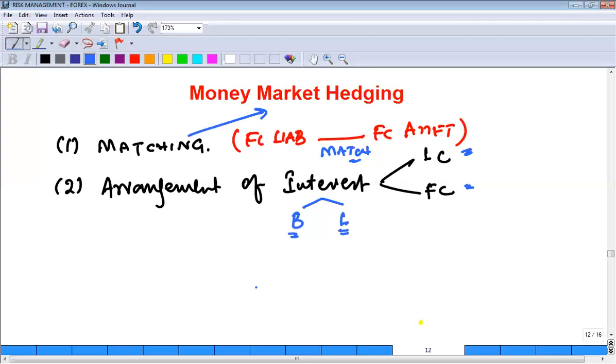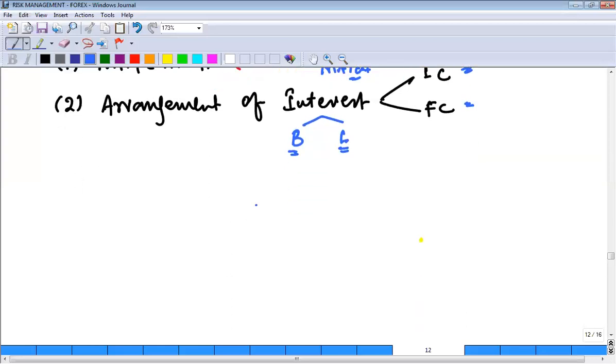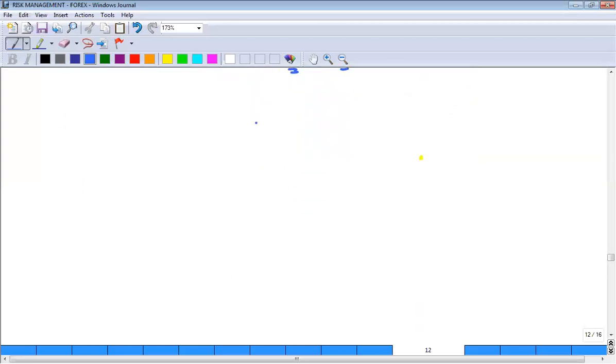Now, starting the money market hedging. Money market hedging is actually a game about interest. The interest of foreign currency and local currency, based on the matching principle.